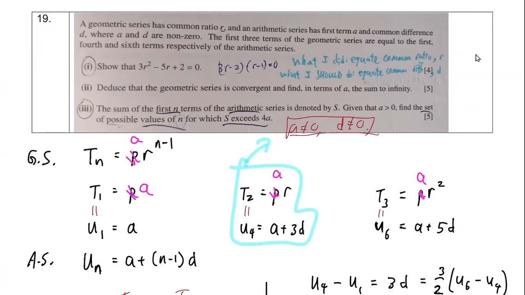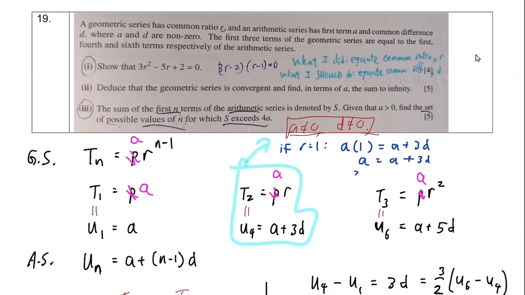So suppose that R was actually equals to 1. If R is actually equals to 1, what will happen? It means that our AR here will be equals to A plus 3D. AR equals A plus 3D. But if R was equals to 1, then we get A times 1. So A will be equals to A plus 3D.